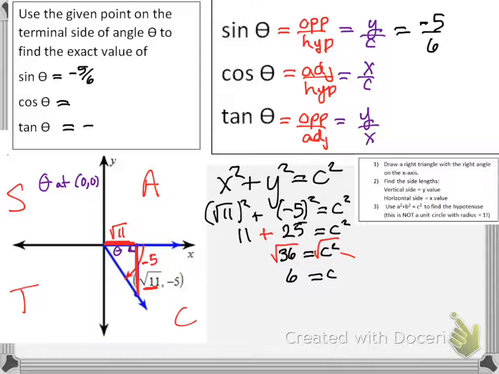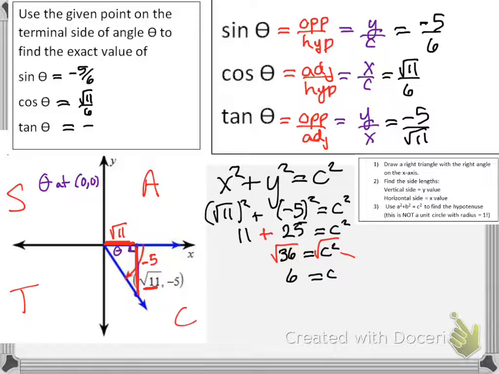Cosine is my x value, which was square root of 11, over 6. Nothing I can do to simplify that. Tangent is the y value, which was negative 5, over the x value, which is square root of 11.